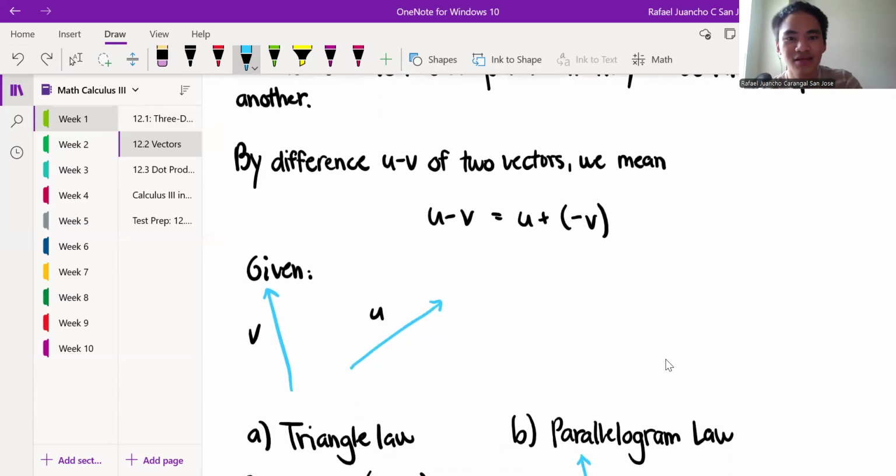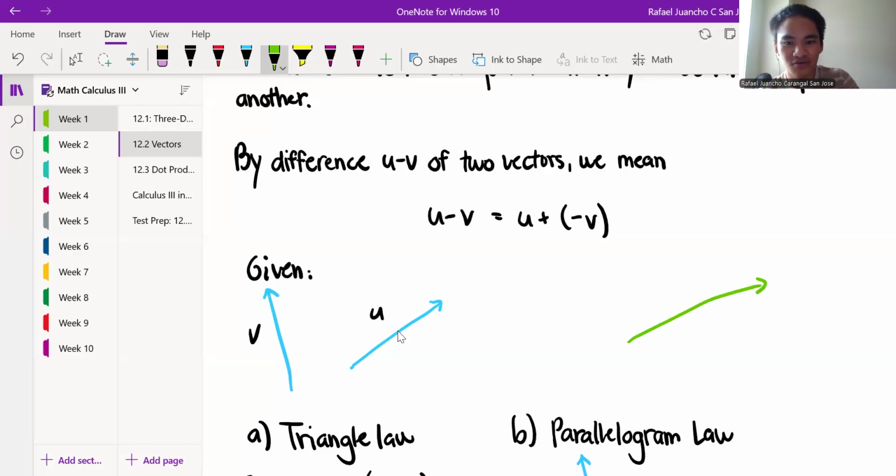Okay. So that's addition. Now we move on to subtraction. So by difference, u minus v, we basically mean u minus v is u plus negative v. Okay, so let's say this is my u. We have a u here. We have our v here. Now how do we get u minus v? Well, let's say this is my u. I don't know, we just copy this thing.